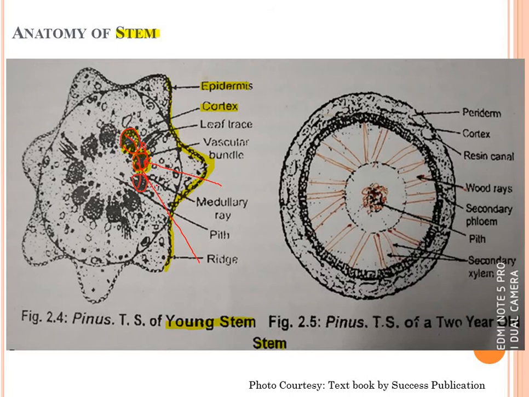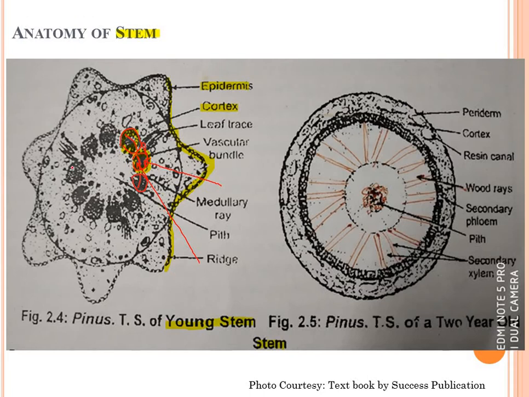Therefore this vascular bundle is known as conjoint, meaning xylem and phloem both are present in the vascular bundle. Collateral means they lie side by side, and open vascular bundle means cambium is present between xylem and phloem. Therefore this vascular bundle is known as conjoint, collateral and open vascular bundle.